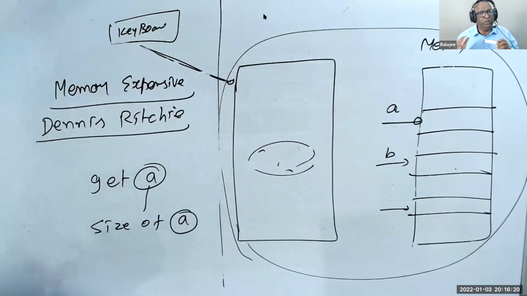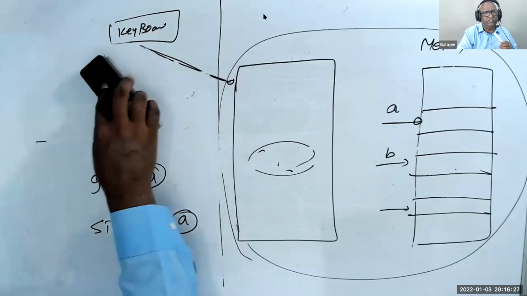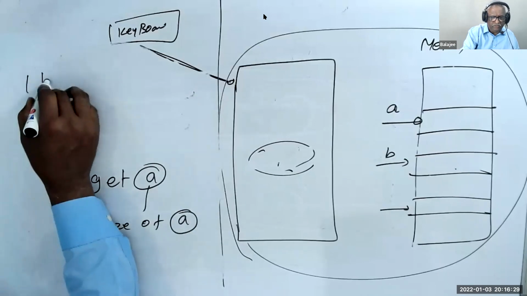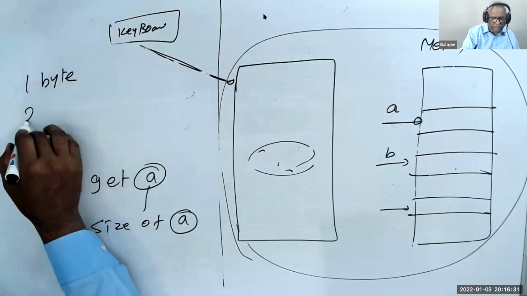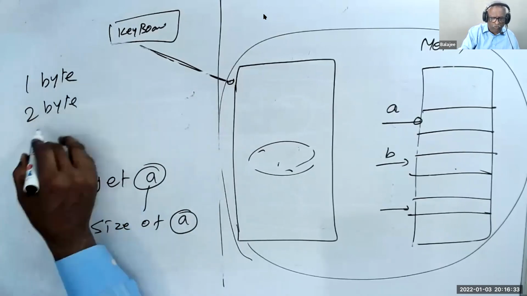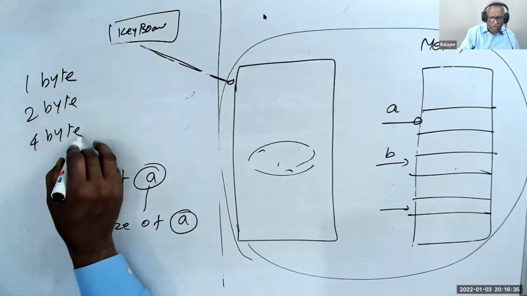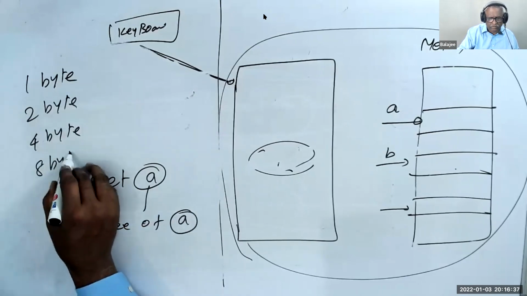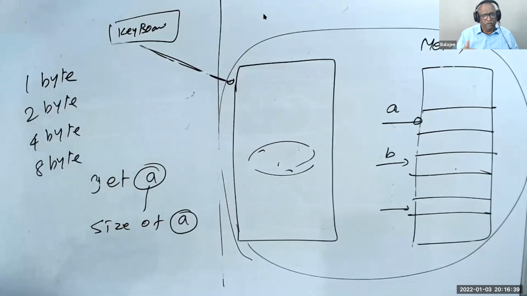How much you want me to allocate on the memory? What's the size here? A very small trick here is whether it's 1 byte, or 2 byte, or 4 byte, or nowadays 8 byte. Okay, 1 byte or 2 byte or 8 byte or 4 byte.